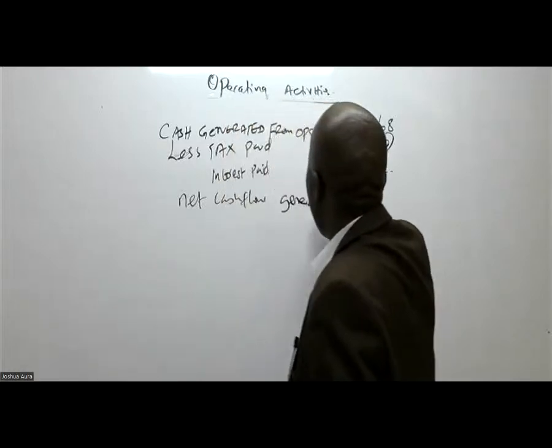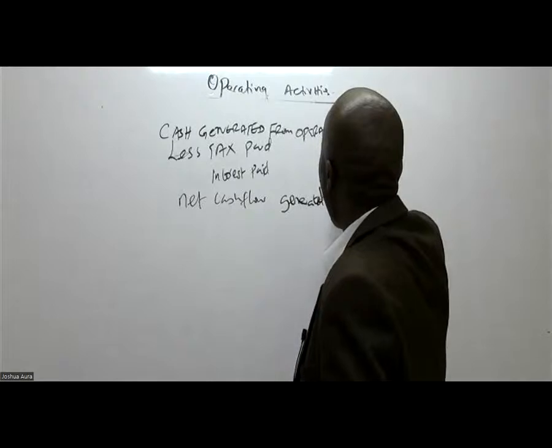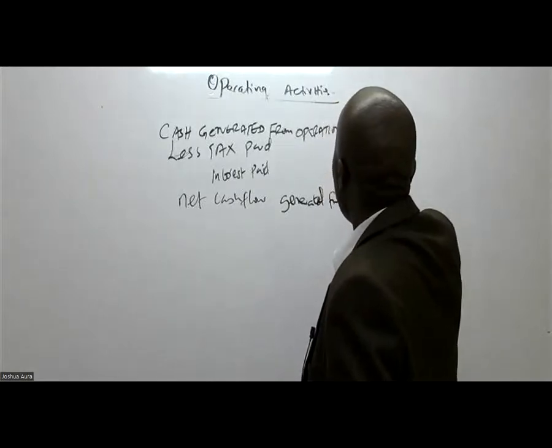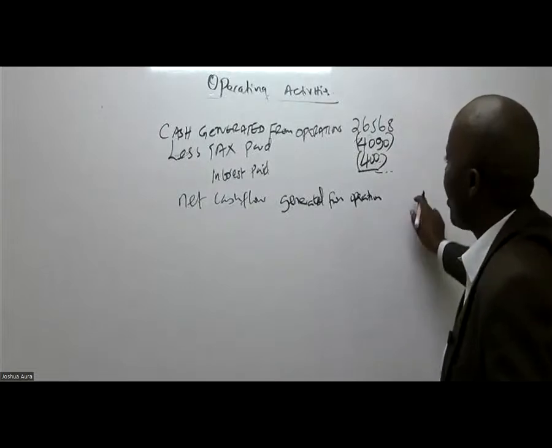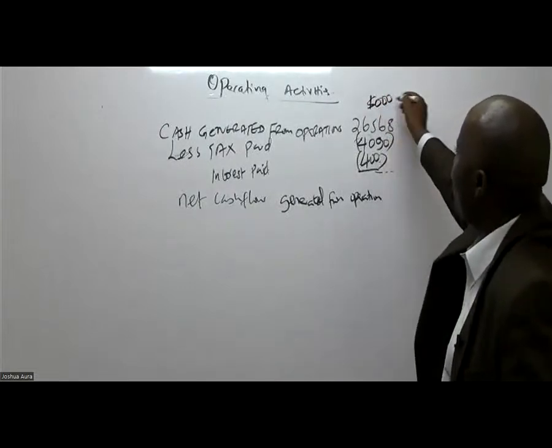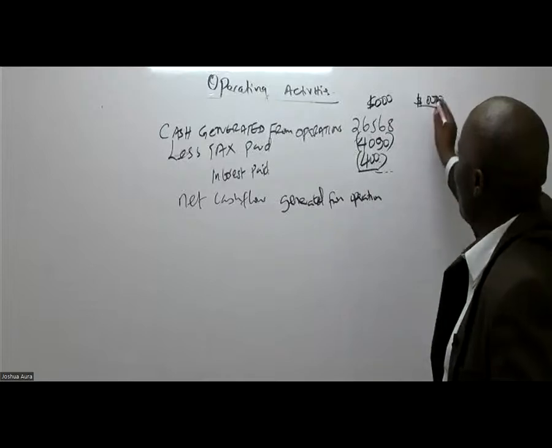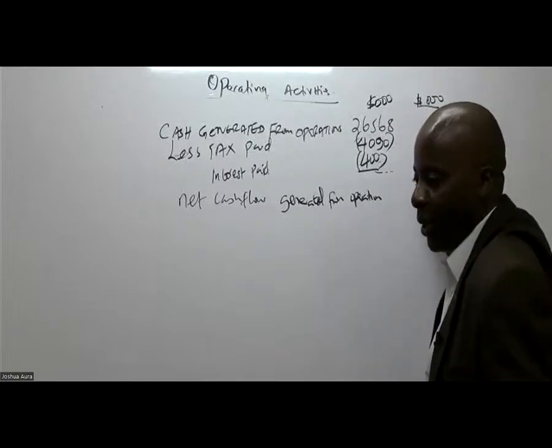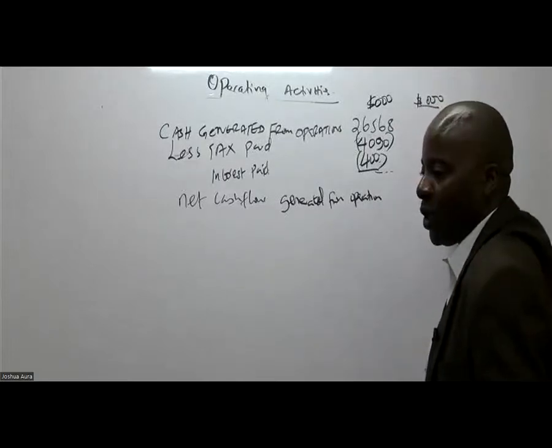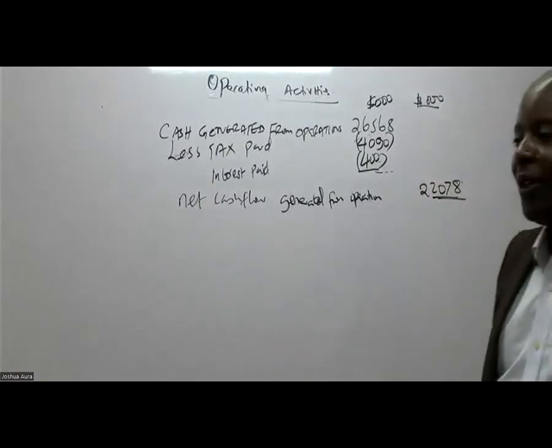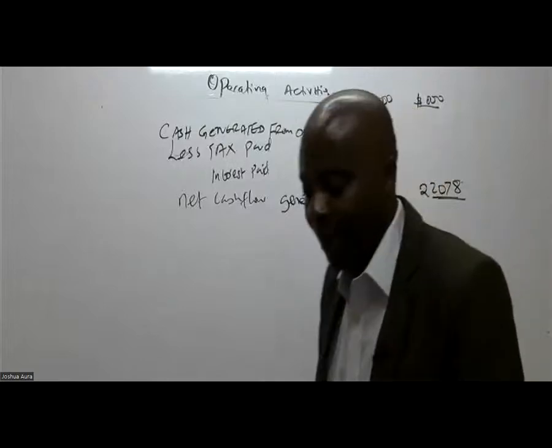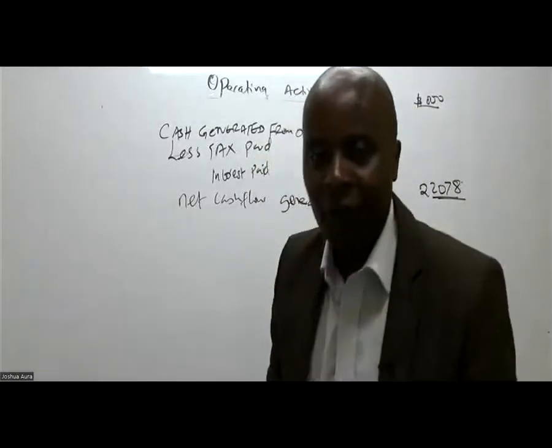Of course, I'll indent it a little bit and write it somewhere here. These are dollars thousands. So what figure are we getting? Somebody is telling me 22,078. Thank you so much. So that is the end of my operating activities.